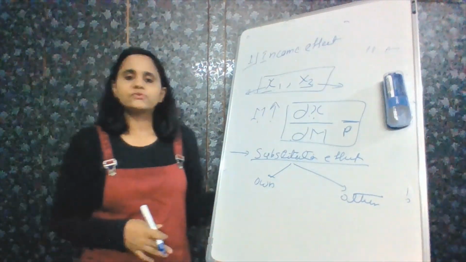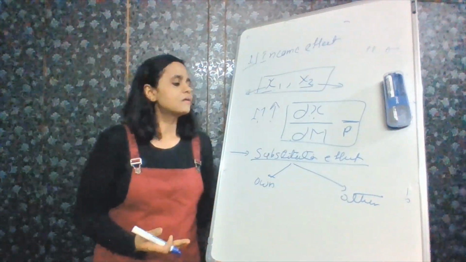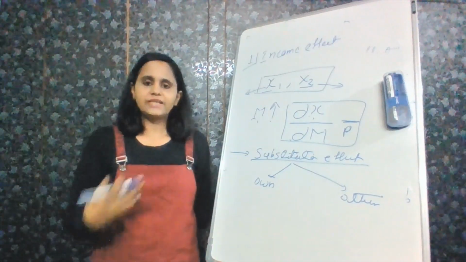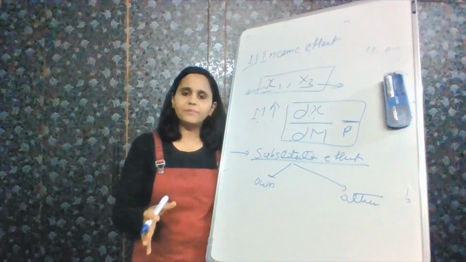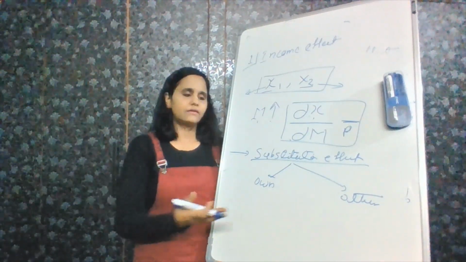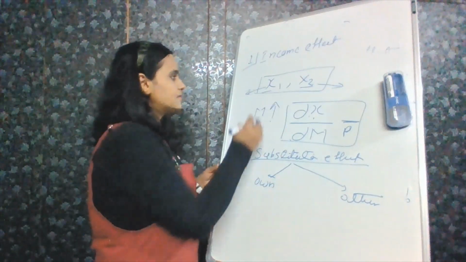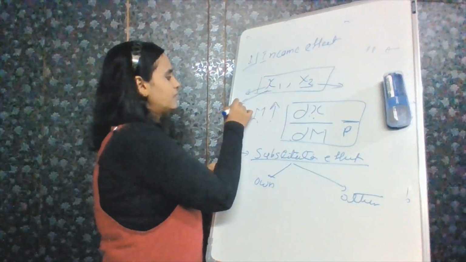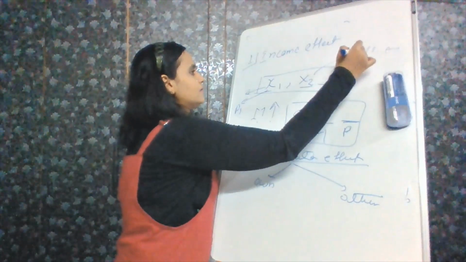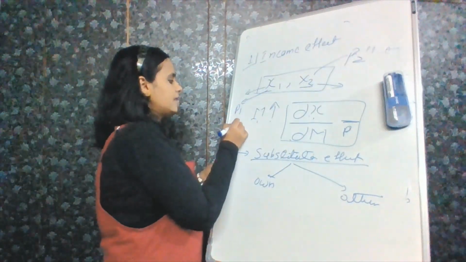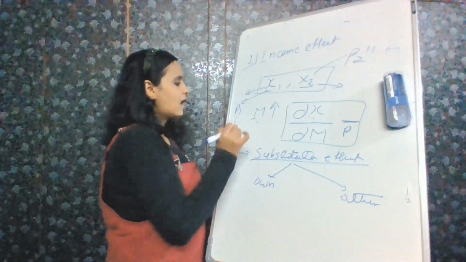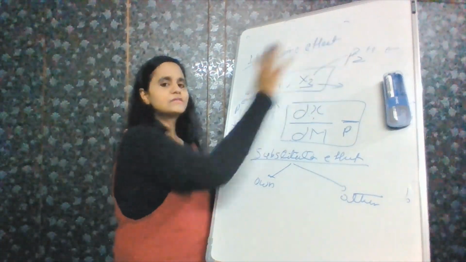Own substitution effect means that when the price changes, how much you change your consumption because of that price change. Consider the price of X1 is P1 and the price of X2 is P2. Now P1 changes to P1 star, and P2 is constant.